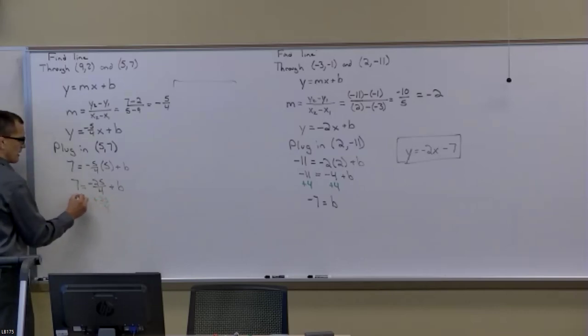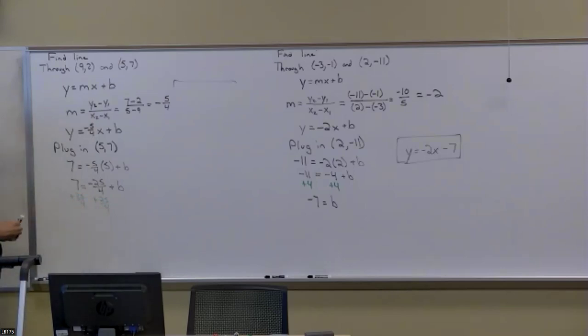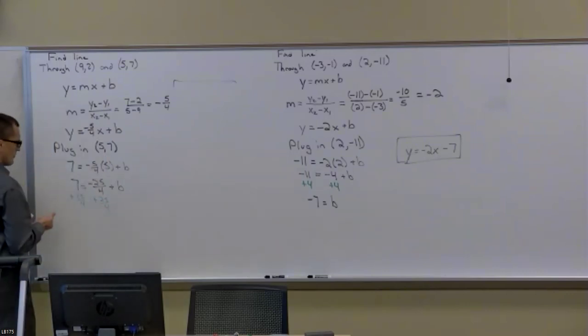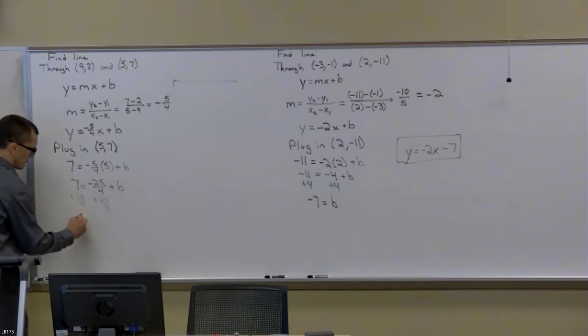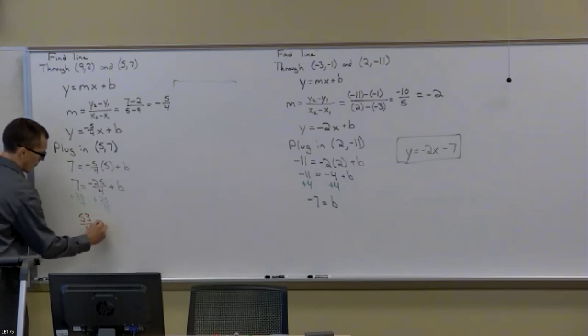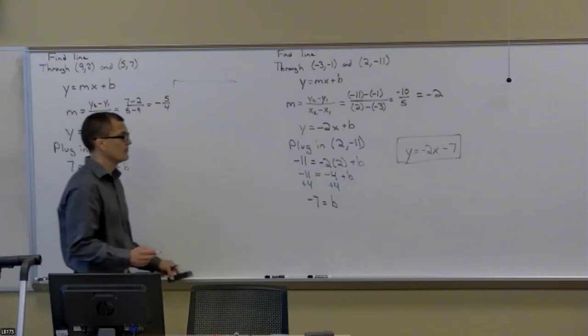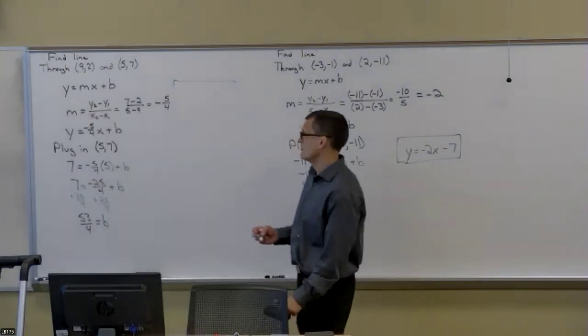Again, I'm using fraction versions right now. So that is again, fraction 53/4 as the value of b. Okay, 53/4 is like 13.25.